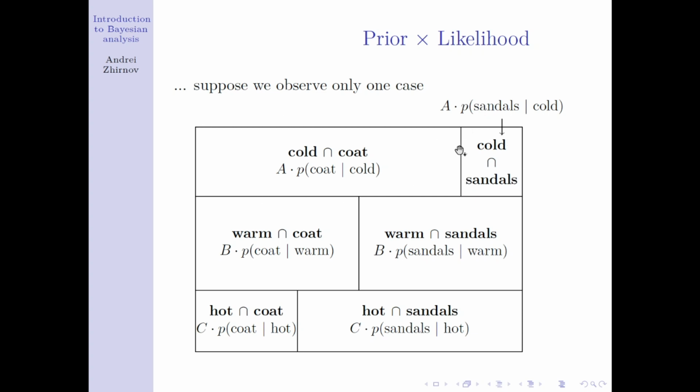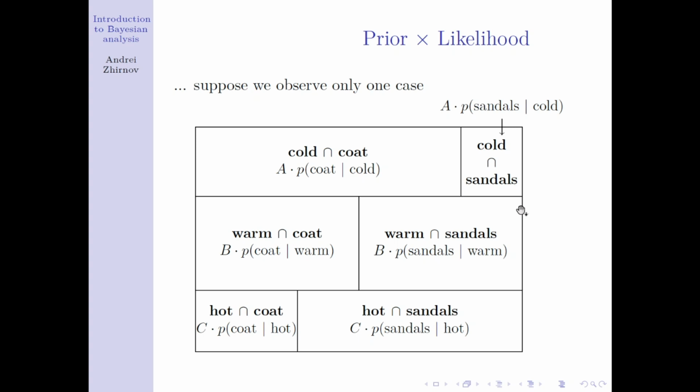The proportion of this segment in the top stripe is equal to the probability with which a person would wear a coat if it is cold outside. Accordingly, the remaining segment of that top stripe corresponds to the event when it is cold outside and the person is wearing sandals. The share of this remaining segment in the total area of the top stripe corresponds to the probability that a person would wear sandals given that it is cold outside.